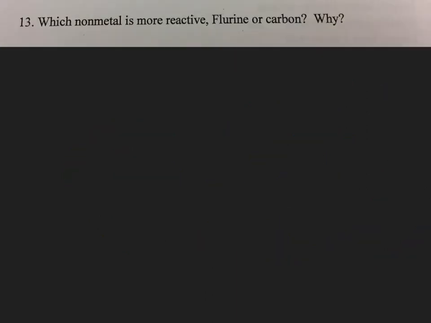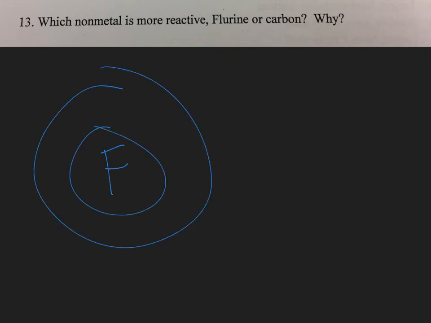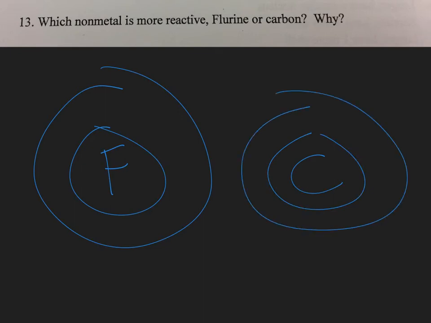Which is more reactive, fluorine or carbon? They both have 2 electron shells, but fluorine's are held more tightly to the nucleus.